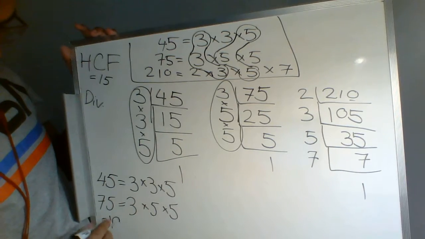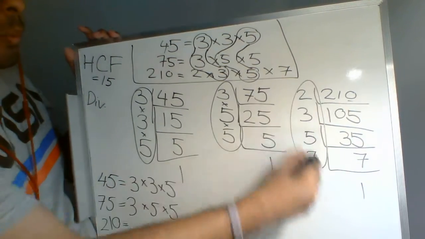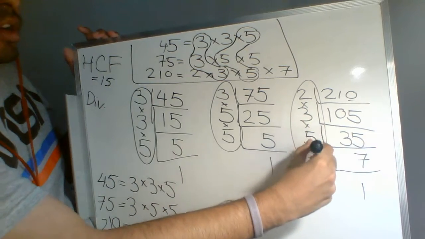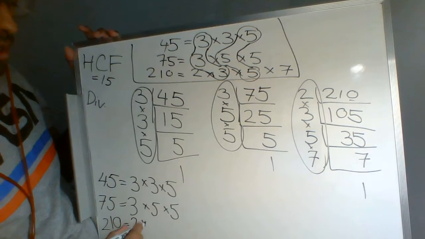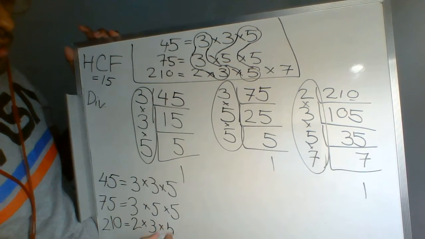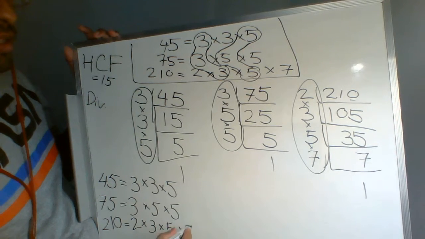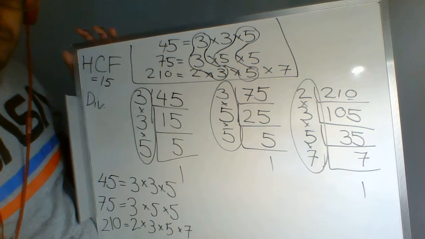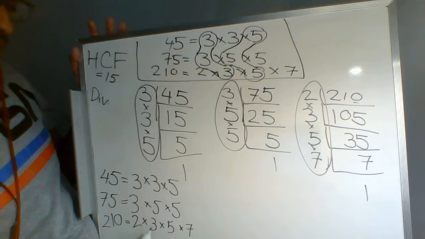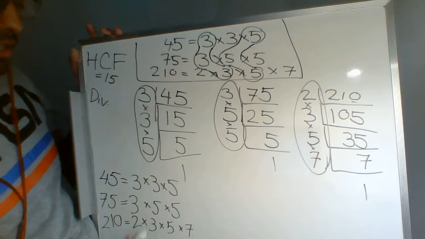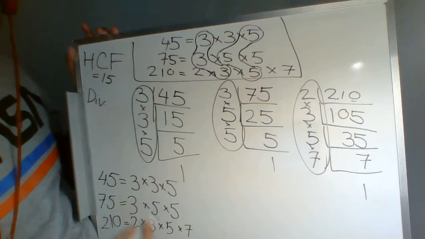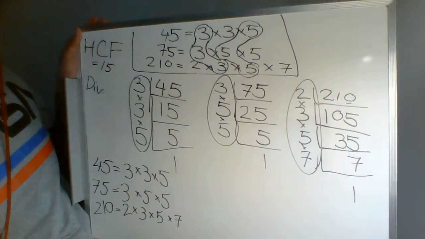And we got 210 is equal to, all of those multiplied together, 2 times 3 times 5 times 7. Right, so 2 times 3 is 6, 6 times 5 is 30, 30 times 7 is 210. You can always do that check to make sure that you're on the right track.